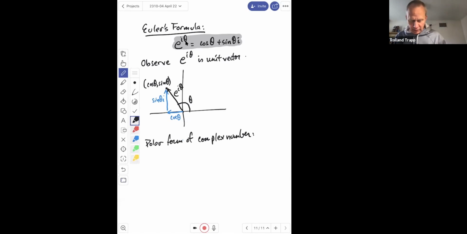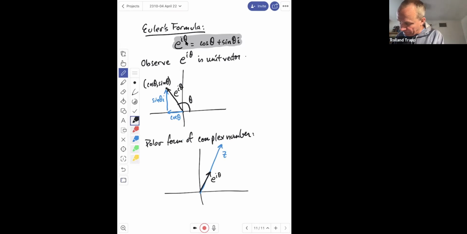If you start with a complex number z, which is a vector, I know there's a unit vector in that direction.